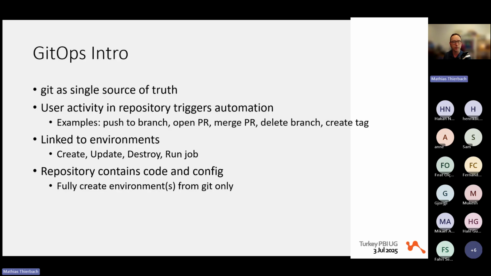So much so that with a GitOps approach, any automation is basically triggered by activity in your repository. For instance, pushing to a branch might trigger some automation, opening a pull request, closing a pull request, deleting a branch, or creating a tag.